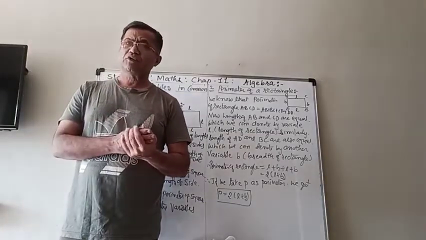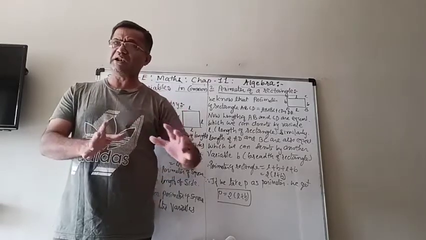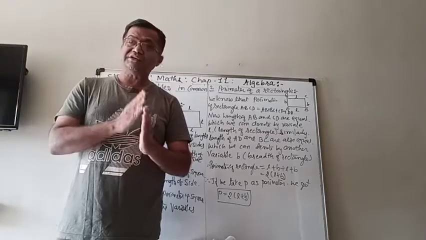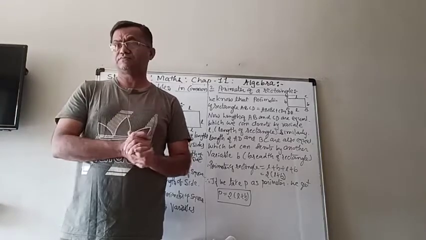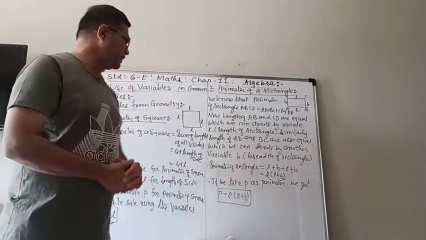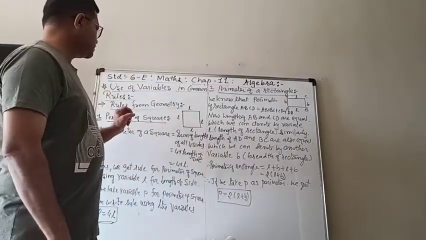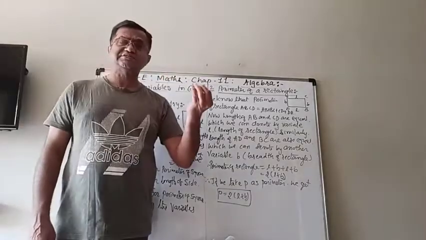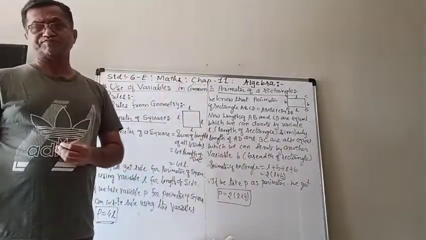So now for some special figures, special polygons, we can find the rules or the general formulas in geometry by using letters as variables.